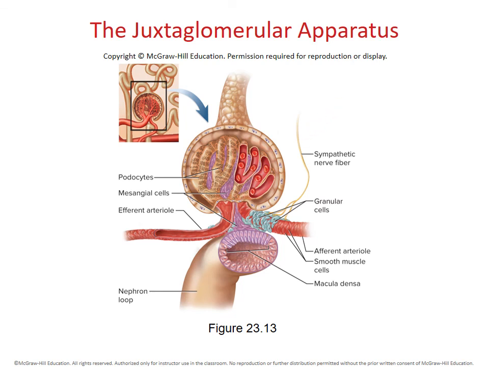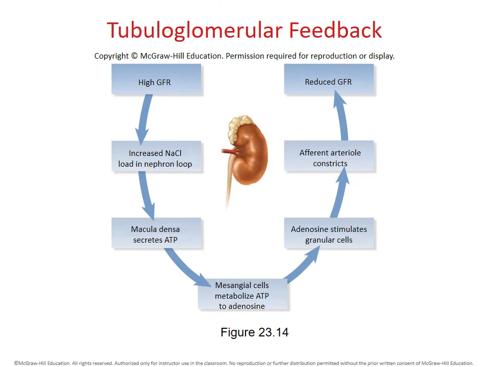So it's a very complicated and elegant way of auto-regulating glomerular filtration rates by the kidneys. And here we see just a sort of concept map of everything we've talked about. Perhaps this view will help you appreciate in a broader sense what we've been talking about.